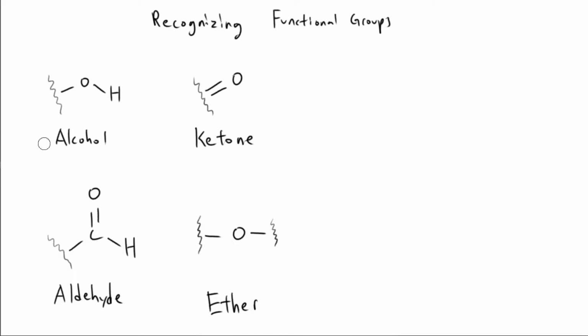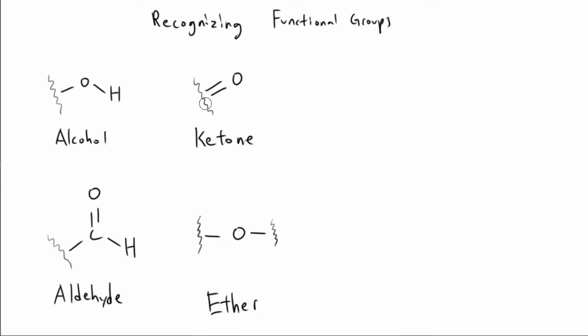So you can recognize an alcohol by its OH. An aldehyde will attach to a carbon. The carbon will have one hydrogen, and then it'll double bond with an oxygen. That's how you recognize an aldehyde. An ether, on the other hand, will connect two carbon chains together with an oxygen in the middle.